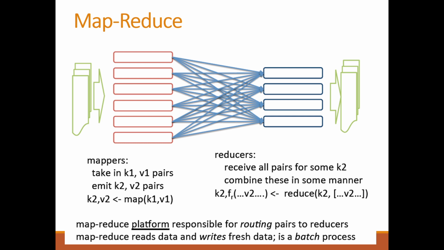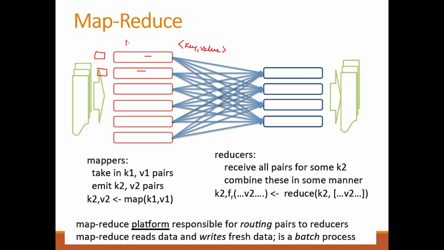So the map function should be designed such that different nodes in the cluster will be able to perform the same task on different blocks of data that are visible to that particular data node. And after performing that operation, it will be emitting the output in the form of a key value pair.